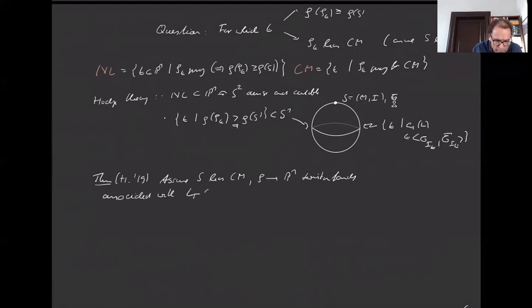I call it again LT. Ample. Then the Noether-Lefschetz locus and the CM locus are the same, at least away from the equator S1. And of course, they are both countable and dense.